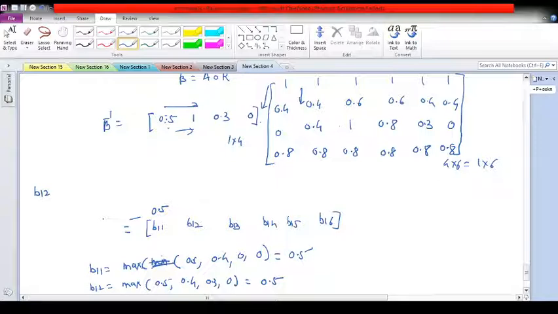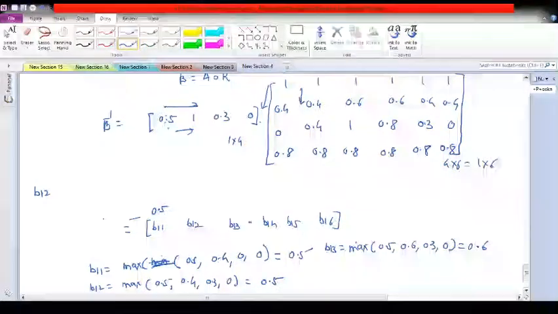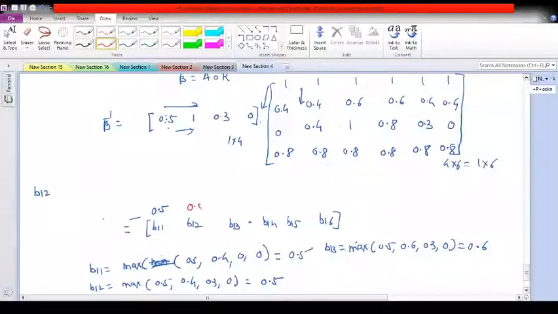Similarly for b13, take the first row and the third column. 0.5 with 1, minimum is 0.5. 1 with 0.6, minimum is 0.6. 0.3 with 1, minimum is 0.3. 0 with 0.8, minimum is 0. From that the maximum is 0.6. So b11 will be 0.5, b12 will be again 0.5, b13 will be 0.6, b14 will be again 0.6, b15 will be 0.5, and b16 will also be 0.5.